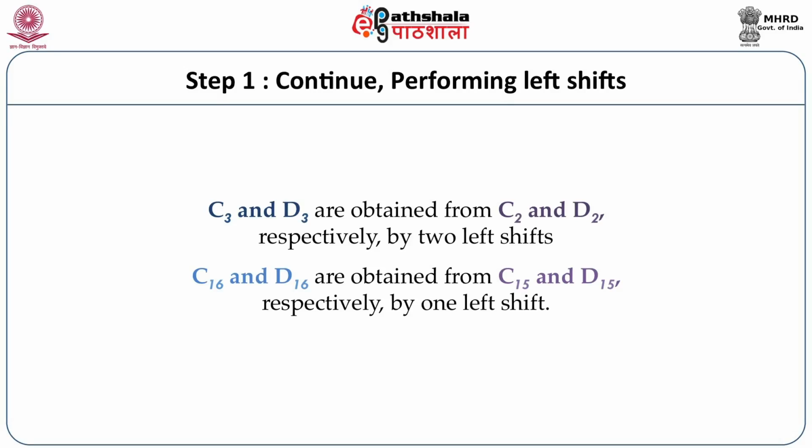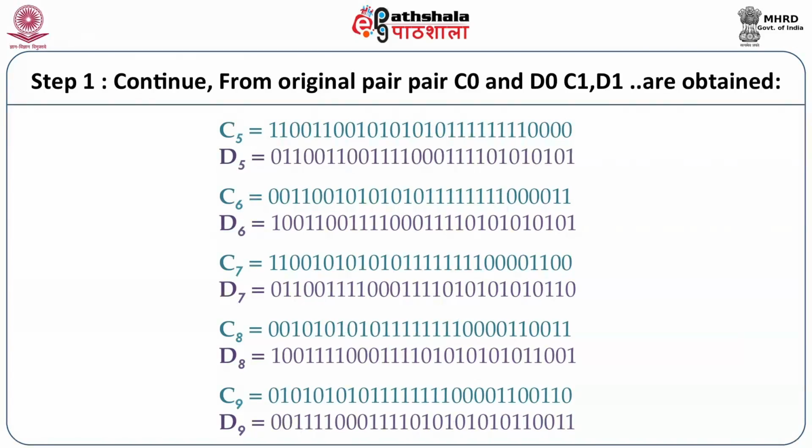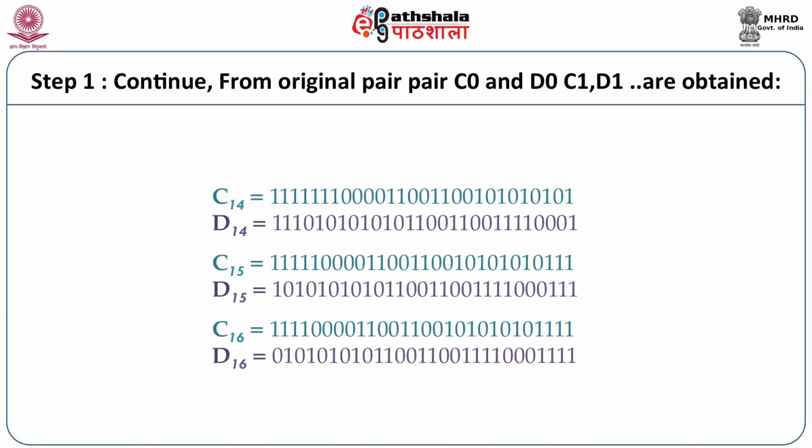If you want to generate C16 and D16, it has to be generated from C15 and D15. How many left shifts are to be performed? One left circular shift needs to be performed. So now from the initial C0 and D0, we are ready with C1, D1, C2, D2, C3, D3, C4, C5, and so on up to C16 and D16.